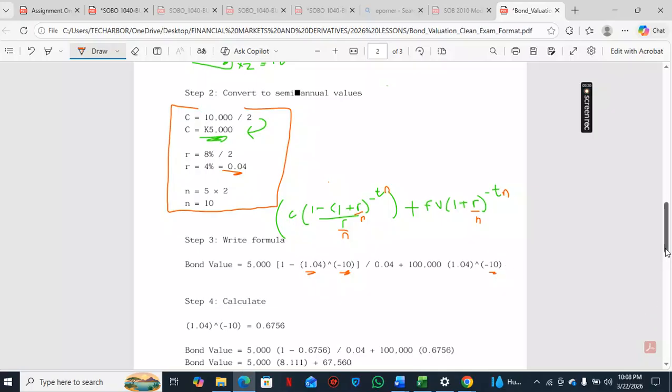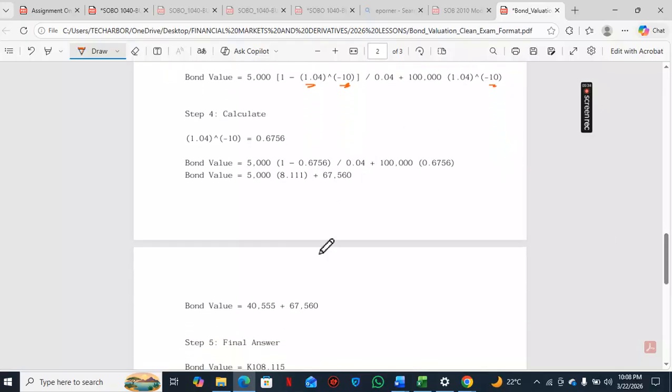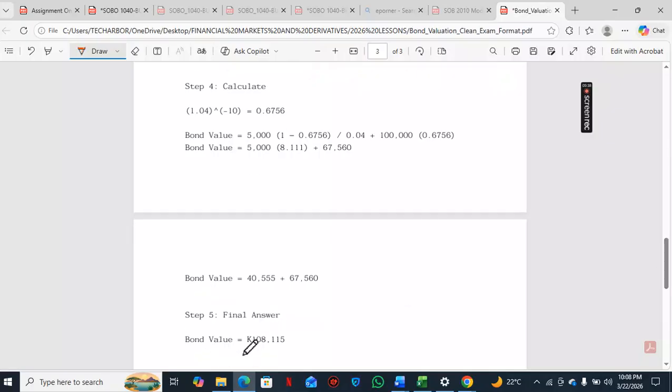Once you do all your calculations, you find the value of the bond is 108,115.